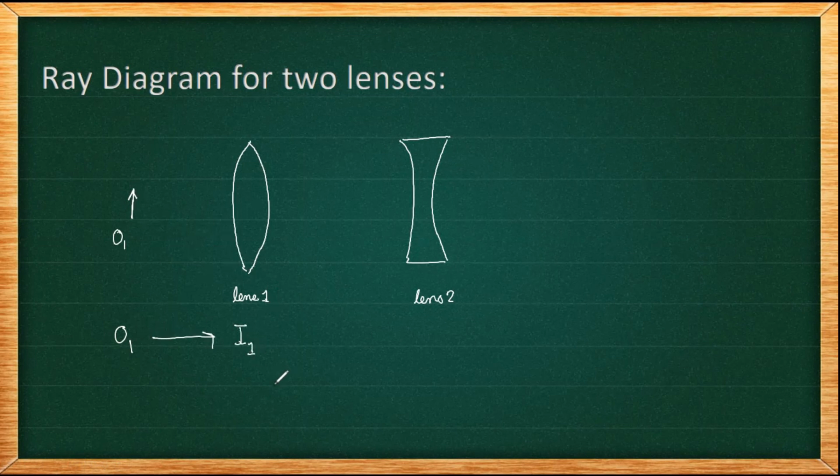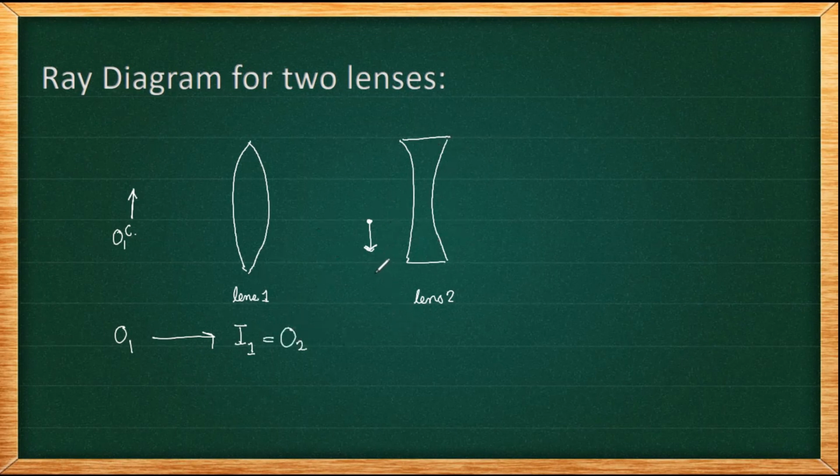Okay. Say for example, this is the center of curvature. Now remember that from the previous example, if this is located at C, the image 1 is here. This image 1 will be the object for the second lens. So image 1 is going to be the object 2.